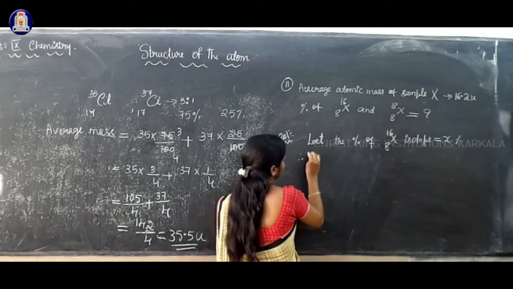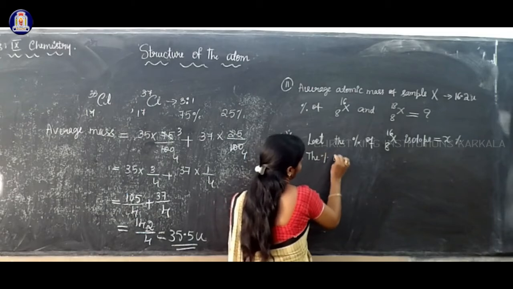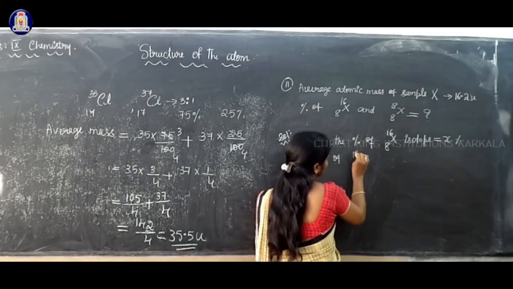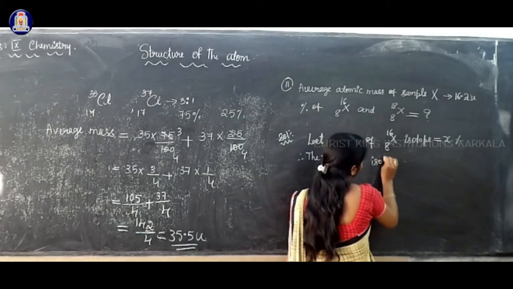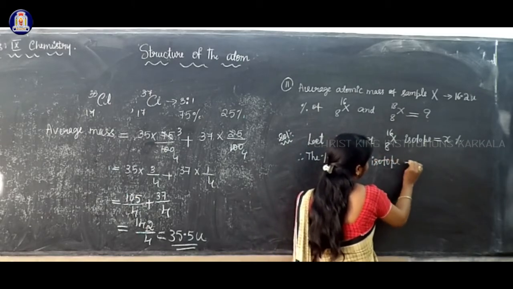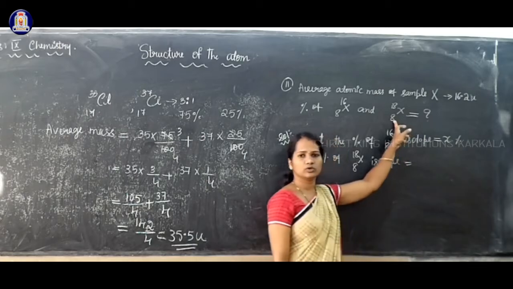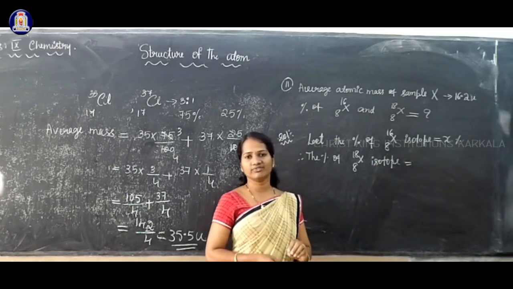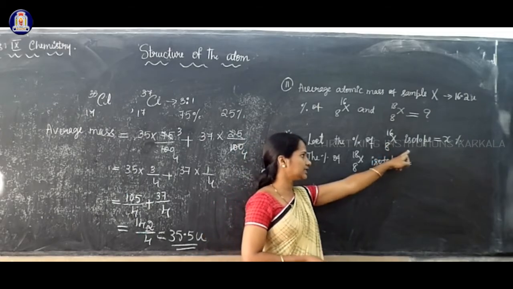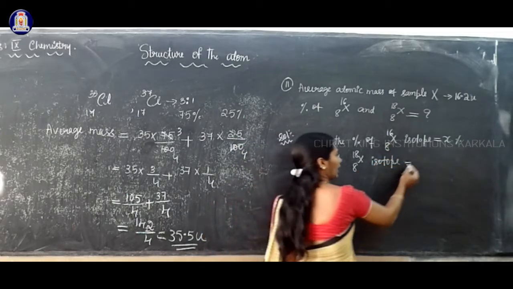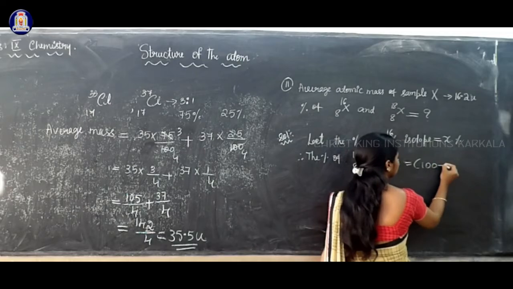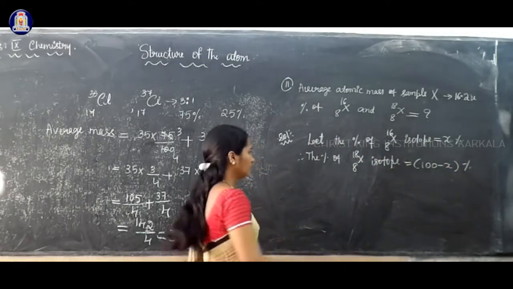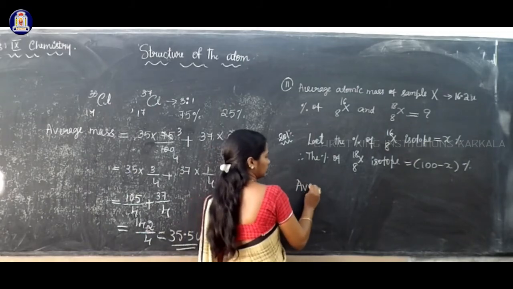Therefore, the percentage of the O-18 isotope, how much is this? The percentage of the second isotope, the first one I have taken as x. So, it is calculated for 100. If the first one is x, the second one will be 100 minus x, the remaining part.